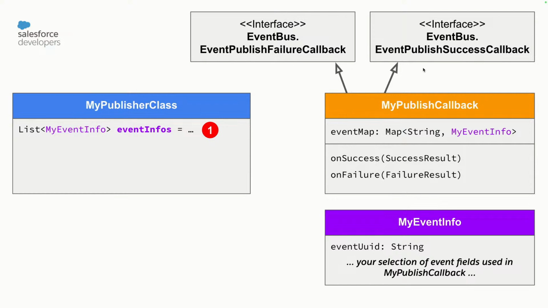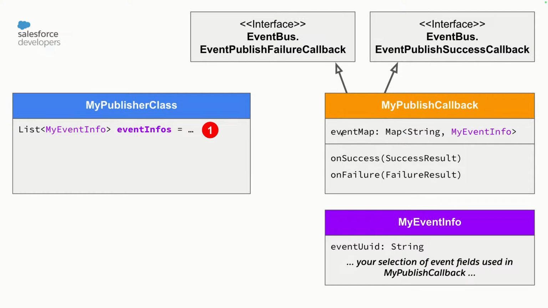Nothing will force you to do both the failure callback and the success callback. But I think generally it's a good practice to implement both. And as you implement those two interfaces, this will add two methods on your class, the onSuccess method with a success result object and the onFailure with a failure result object. And we'll get into more details about what these do when we go into the code.